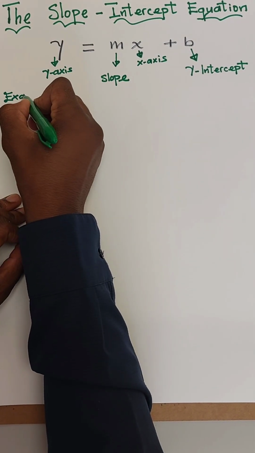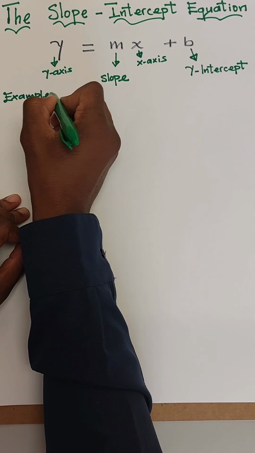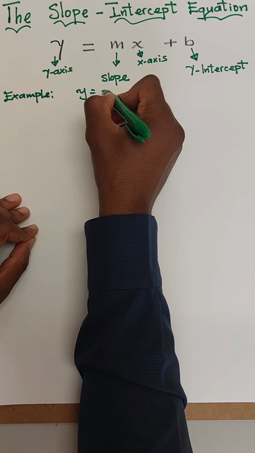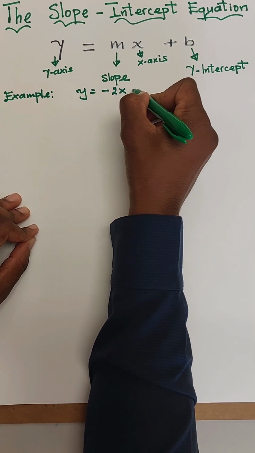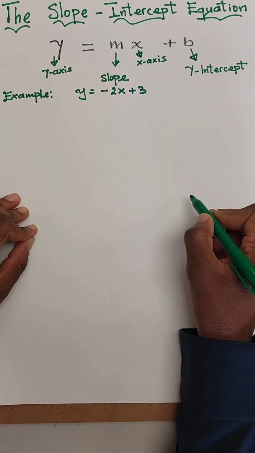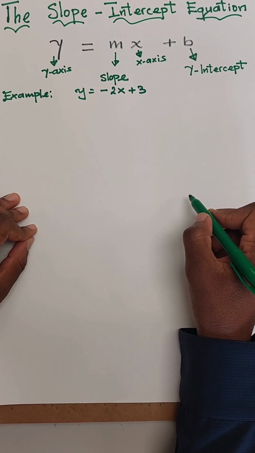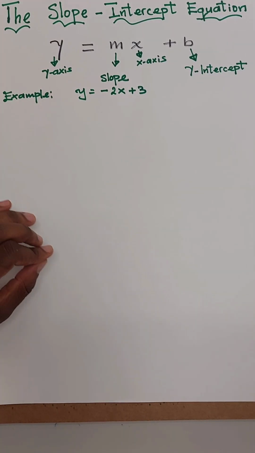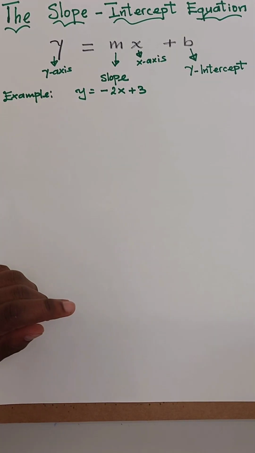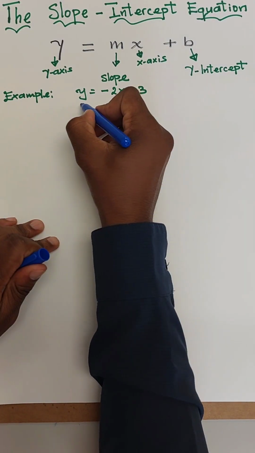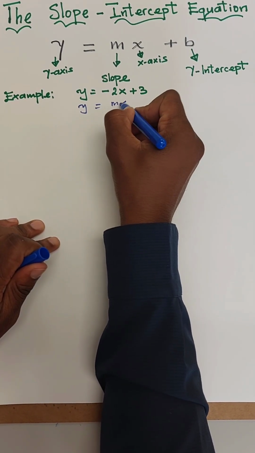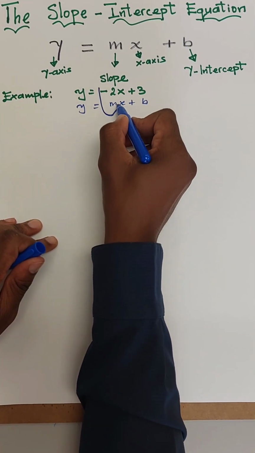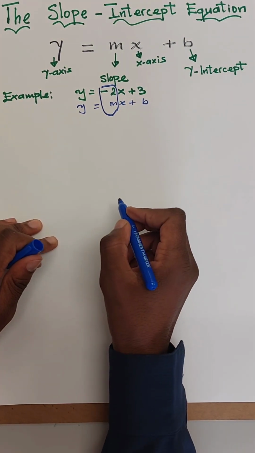if an equation is given as y equals negative 2x plus 3, then based on comparing that equation to the form y equals mx plus b, we can tell that the slope is negative 2.